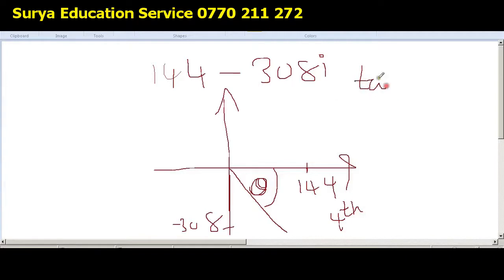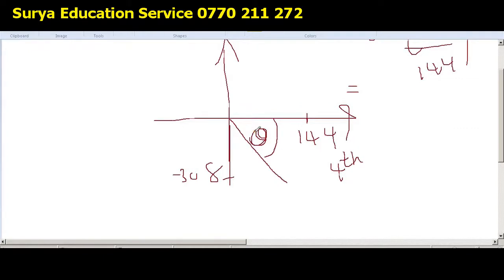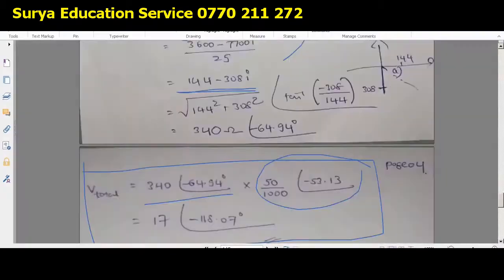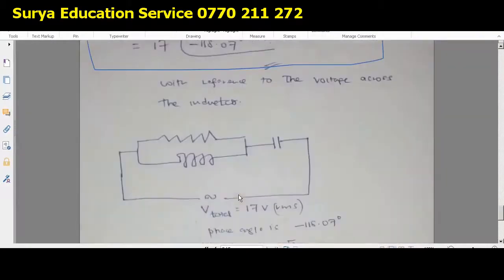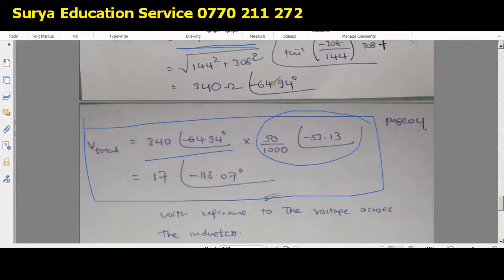Tan inverse 308 divided by 144, right? So you can evaluate what this angle is. Let's see that. If you evaluate like that, you would be getting minus 64. Minus 64 means it is like this.